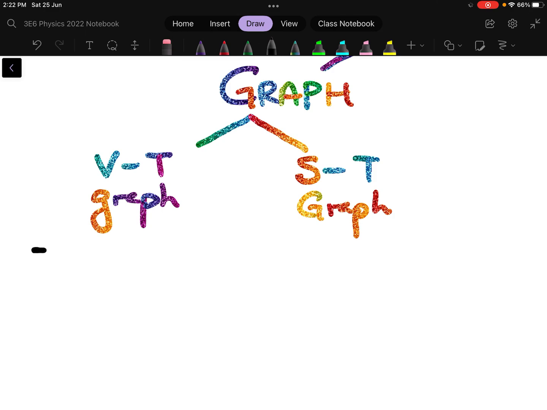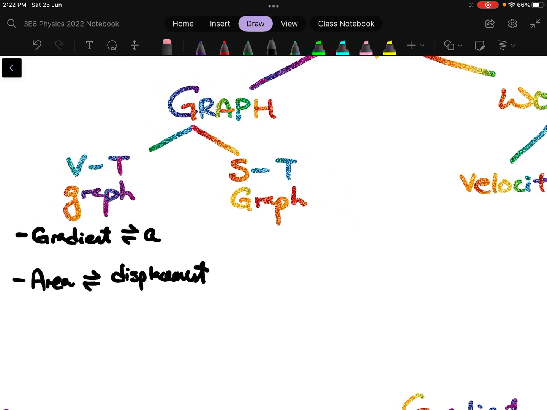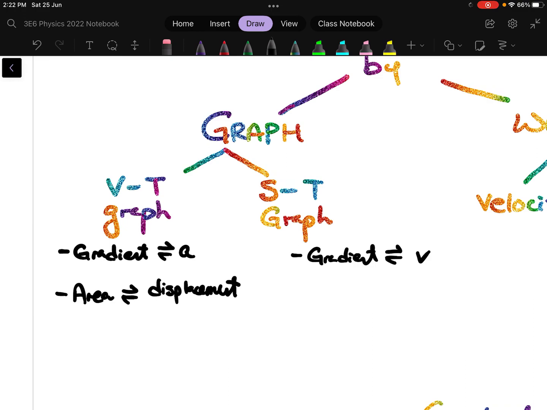In the VT graph, the gradient will give you the acceleration, and the area under the graph will give you the displacement. For the displacement time graph, the gradient will give you the velocity, right? So this is what this video has covered. Hope you enjoyed it and you understand what I mean.